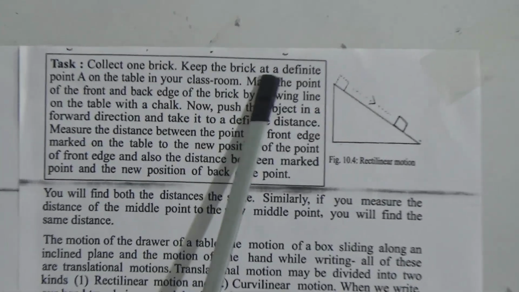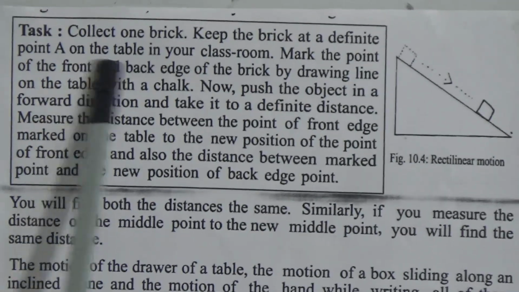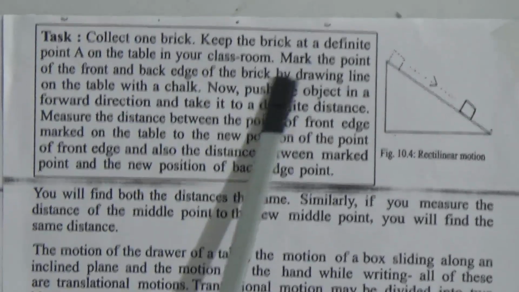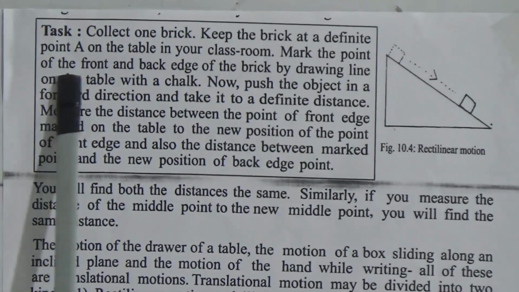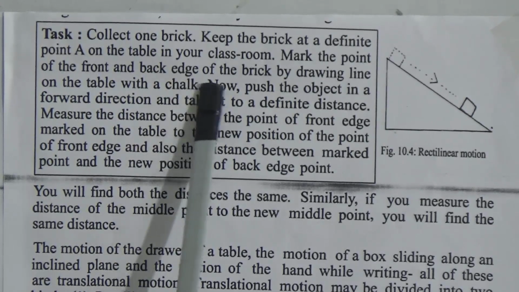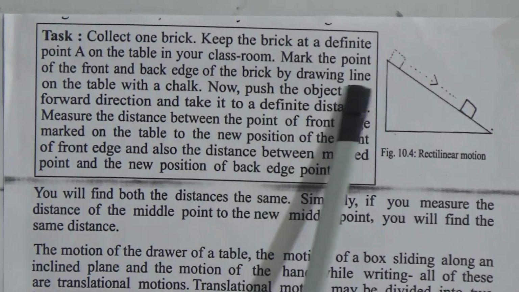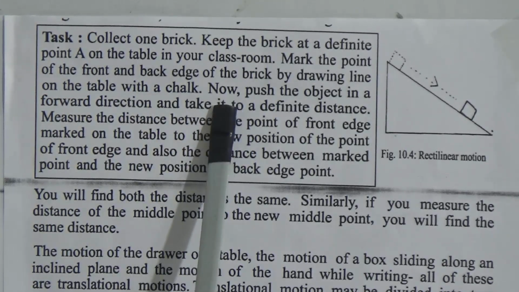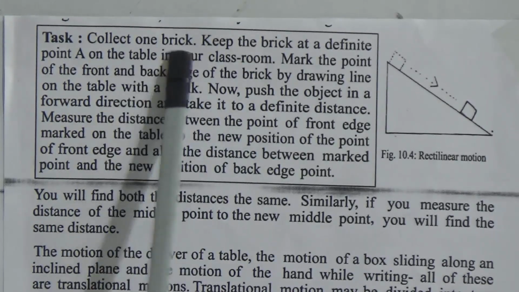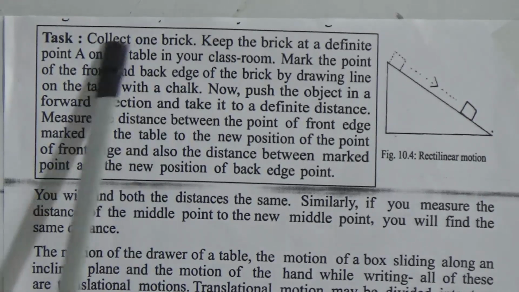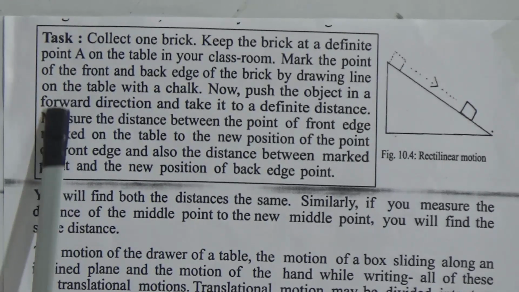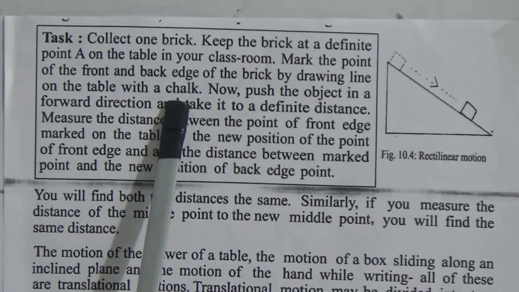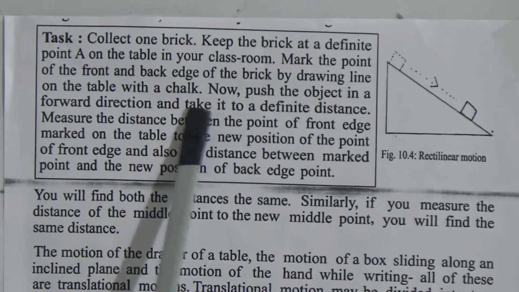Now there is a task. Collect one brick, keep the brick at a definite point on the table in your classroom, and mark the points of the front and back edge of the brick by drawing lines on the table with chalk. Dear students, in place of a brick today we will use a duster, and in place of chalk we will use our pencil.